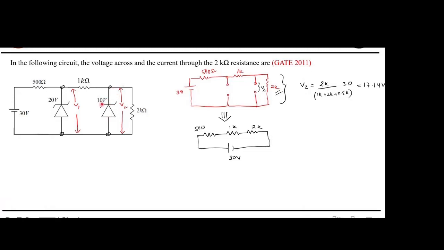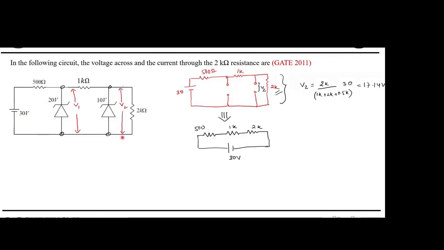What is the voltage rating of this Zener diode? 10. So you are getting around 17.14. So this one will be in breakdown or not? Breakdown. Similarly, can you calculate this voltage here? It is the voltage drop across these two resistors.